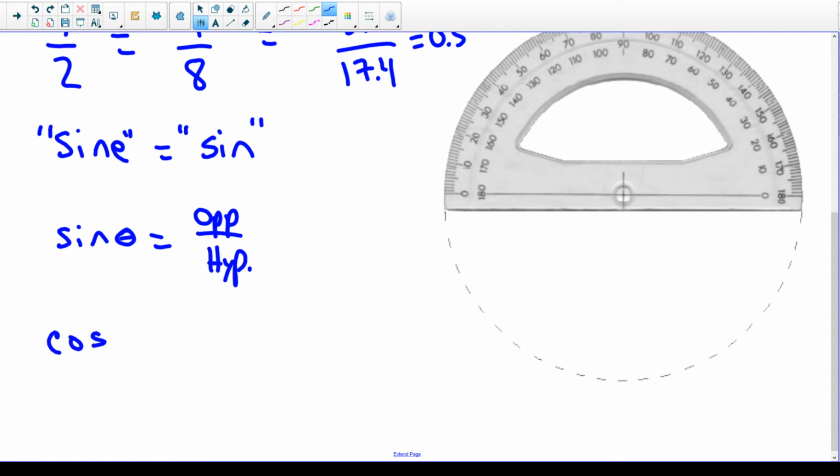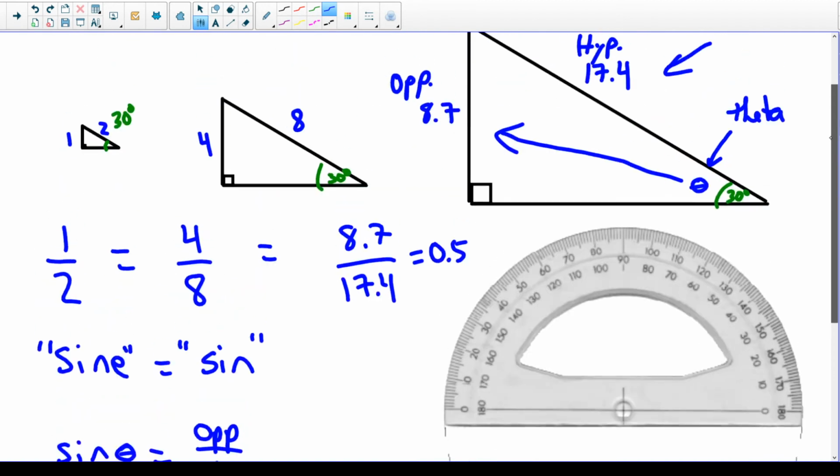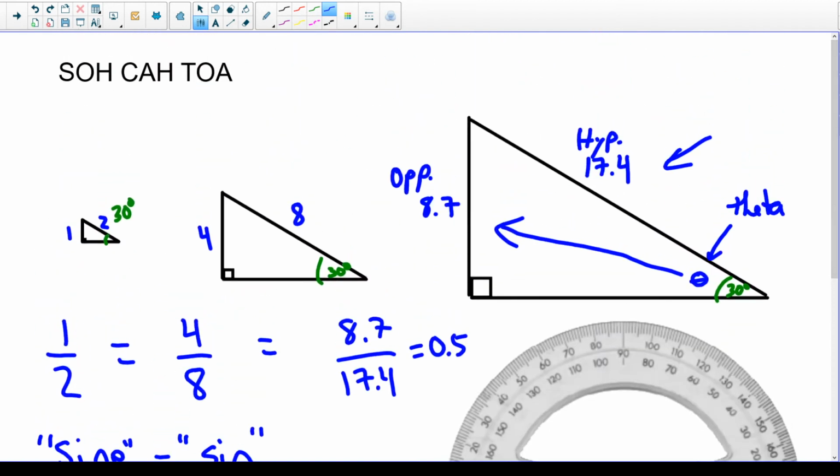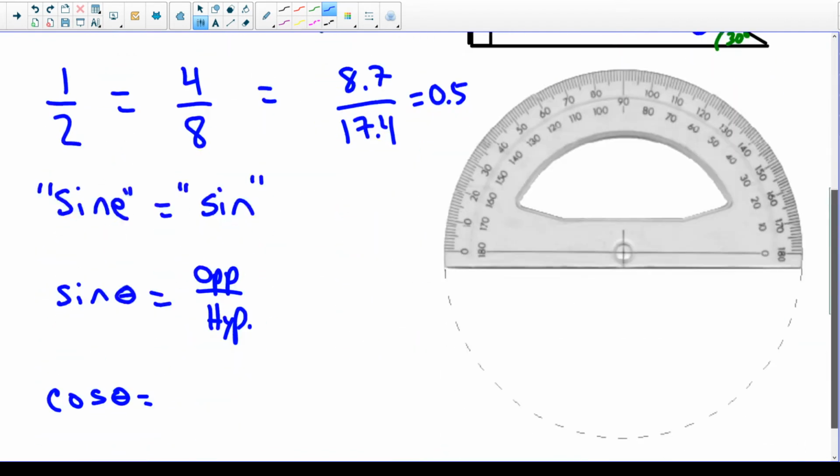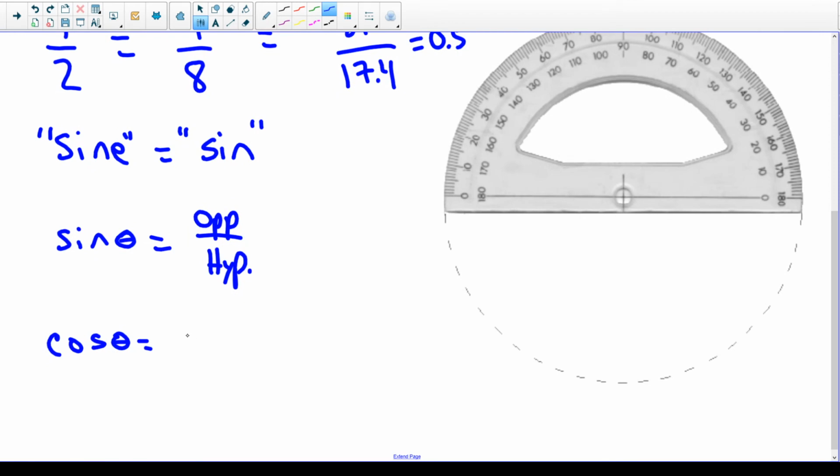So cosine theta is which two sides? Well, this is where Sohcahtoa comes in. Sohcahtoa is just there to help us remember which two sides are connected to which cosine, sine, or tangent ratio. Okay? So cosine comes from CAH.